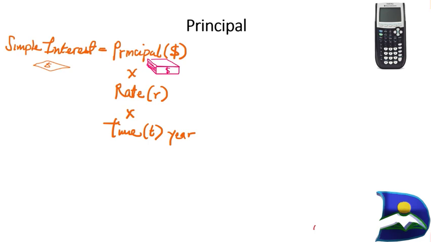That leads to your simple interest, and that interest money is added to your principal to determine the amount of money currently present in your account after X amount of years. And this calculation is performed only once, so keep that in mind.